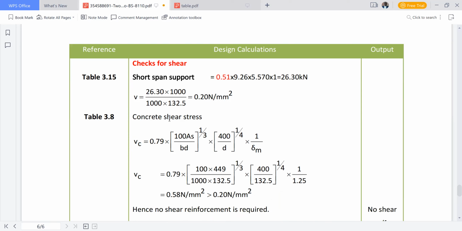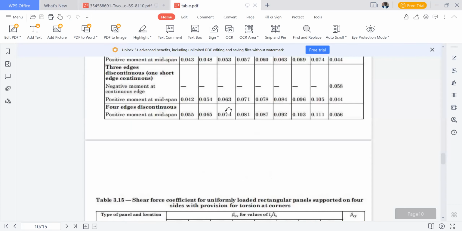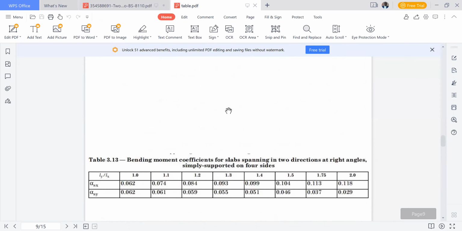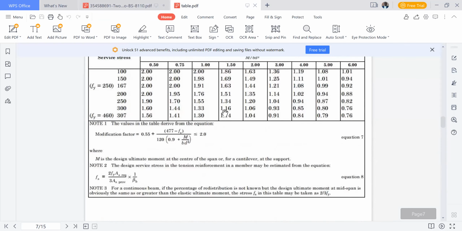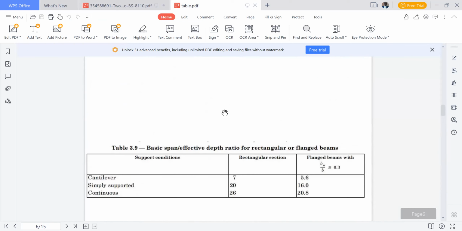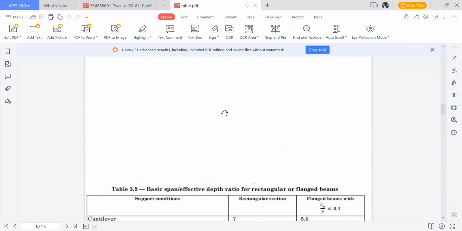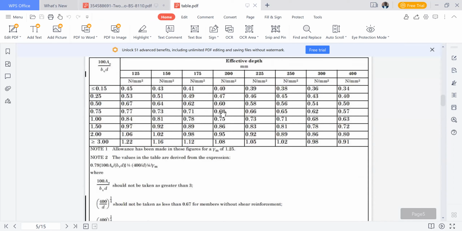Now, the concrete shear stress is calculated using this formula. It is found in table 3.8. Table 3.8 is here. Now this table 3.8, if you have an effective depth of 125, 150, 175, and 200, you can extrapolate the value from this particular table.